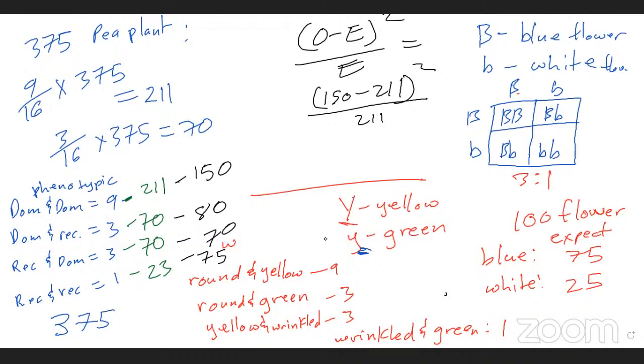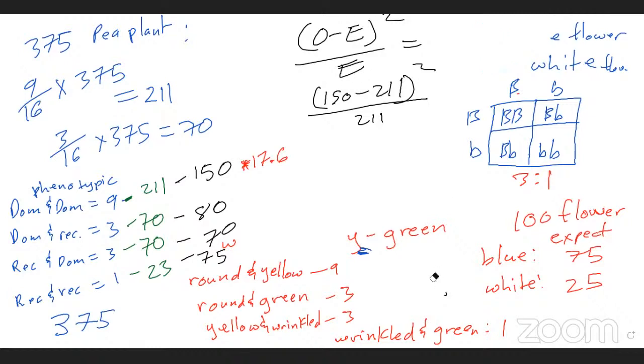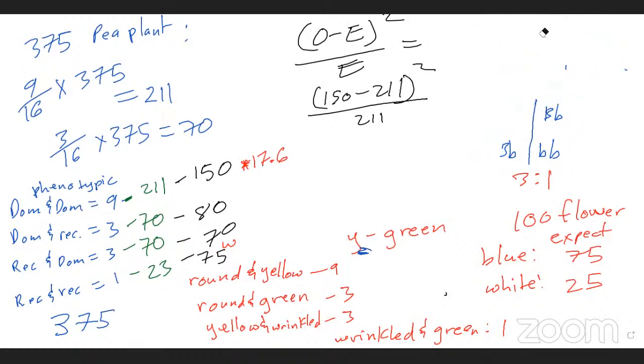For the first one, I'm going to get 17.6. Second one, I get 1.25. For the second one, it's 80 minus 70, observed minus expected.